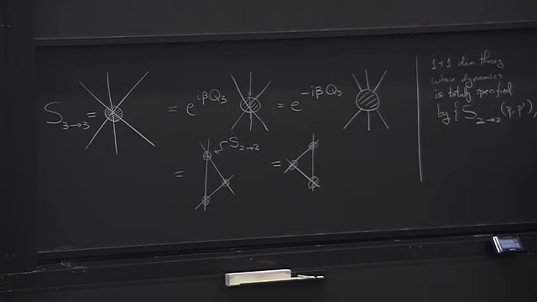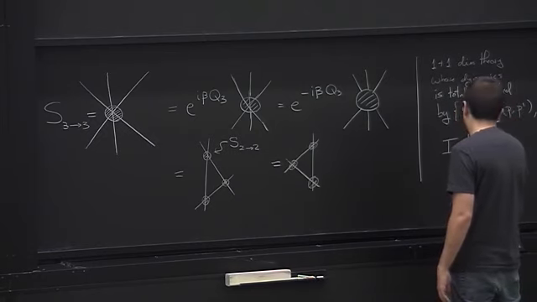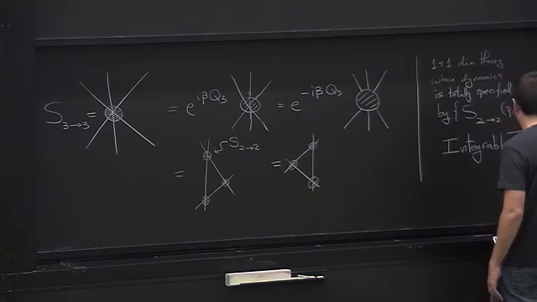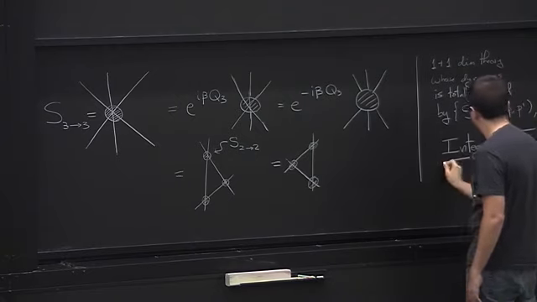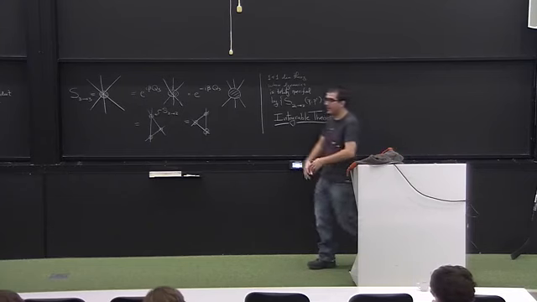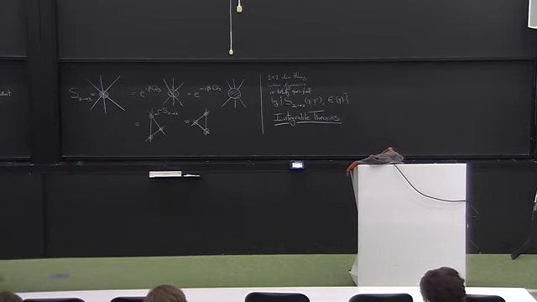These are very special theories. You see, it's the next to simplest theory after free theories. And these are what are called integrable theories. If you want to study a theory that is not free, this 2 to 2 S matrix can be very non-trivial, but any scattering process with many, many particles, you can always decompose into a sequence of two-body S matrices.